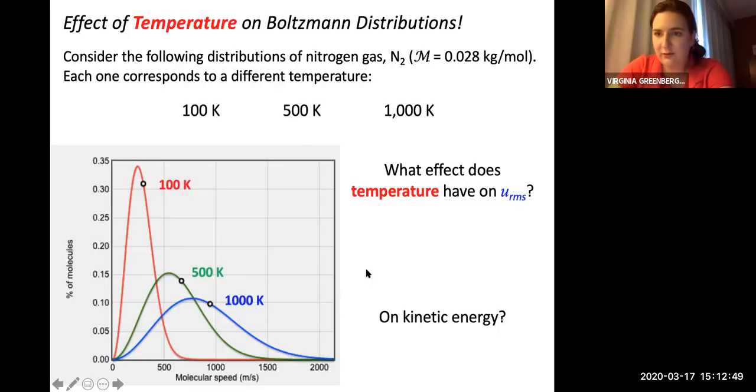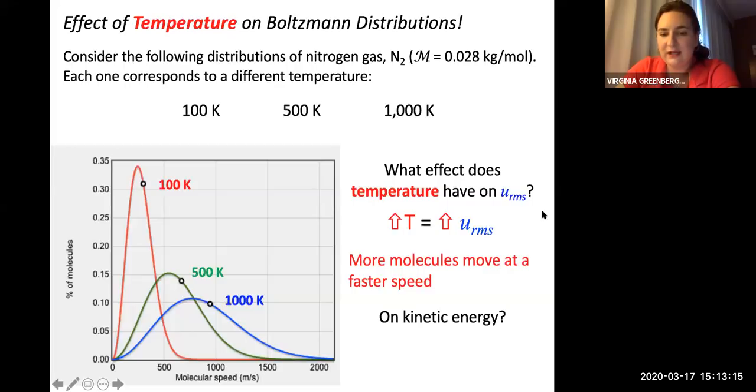So the red curve would correspond to 100 Kelvin, the green curve to 500 Kelvin, and the blue curve to 1000 Kelvin. So we can reiterate what effect temperature would have on our average speed. So we'd say increasing temperature, as we've seen, increases our average speed.